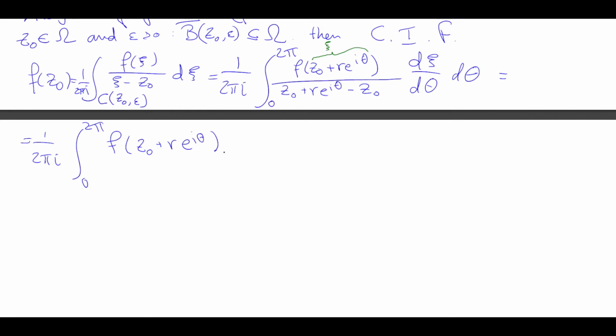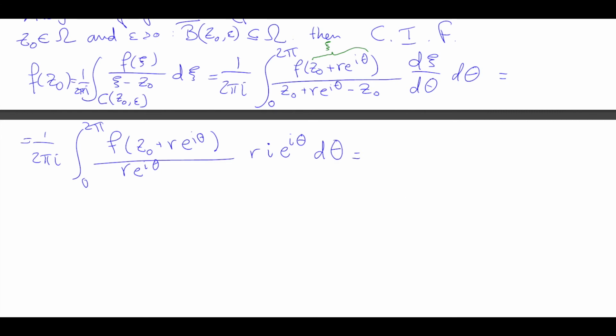it's always a good one to do. So the z0 cancels, so I get r to the e I theta. And now the derivative of that is r times I, from taking the derivative of e I theta, and then I get again e I theta, d theta.